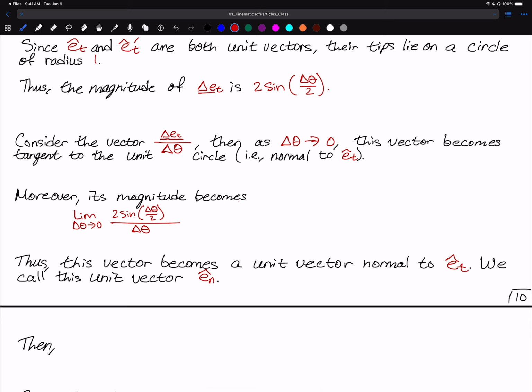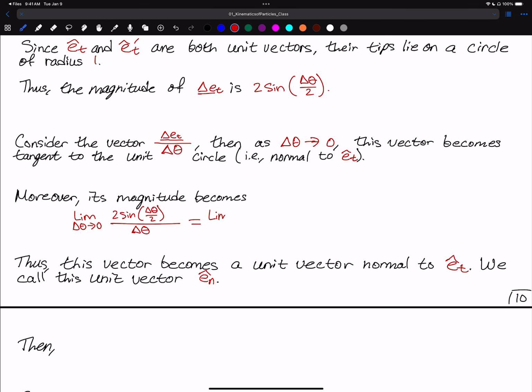We can bring the 2 into the denominator, and we get the limit of the sine of delta theta over 2 divided by delta theta over 2. This is going to be equal to 1.